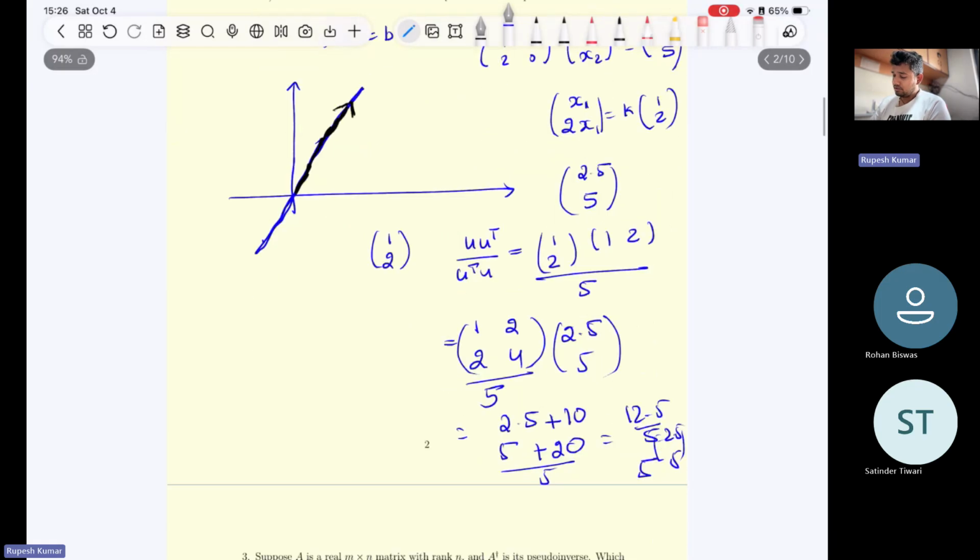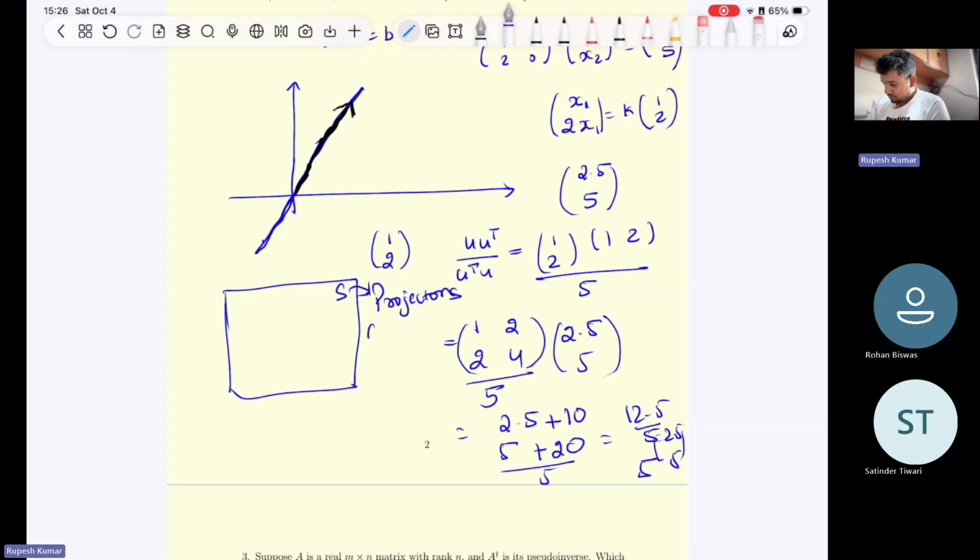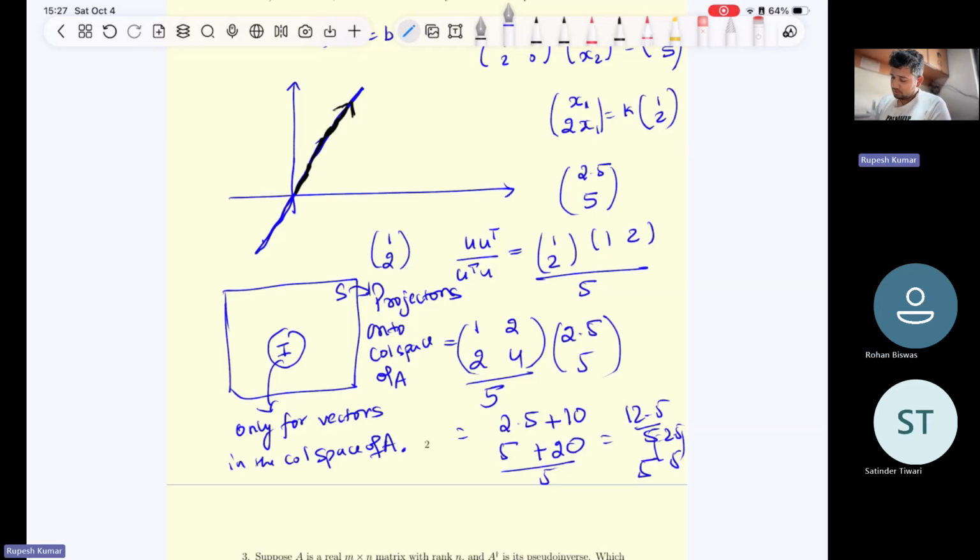Now for this, this is a set. Let's define it as a set S that contains all these matrices, U U transpose divided by U transpose U. Let's call them projectors onto the column space of A. And there is a smaller set in that, which is essentially the identity matrix, that works only for vectors in the column space of A. So this is a smaller set.